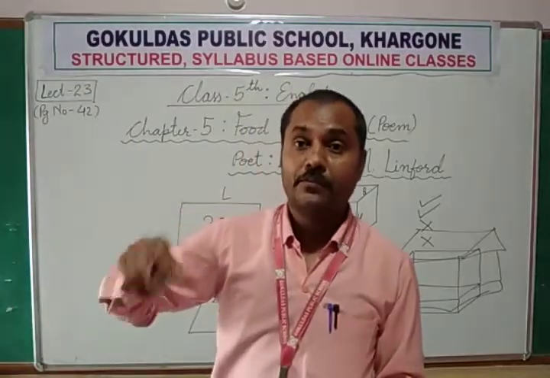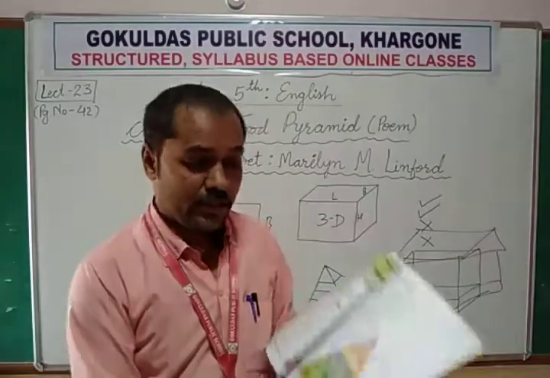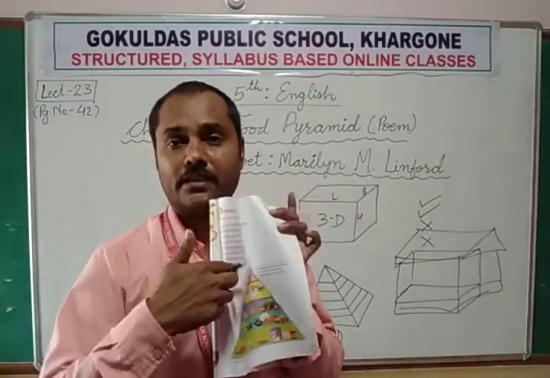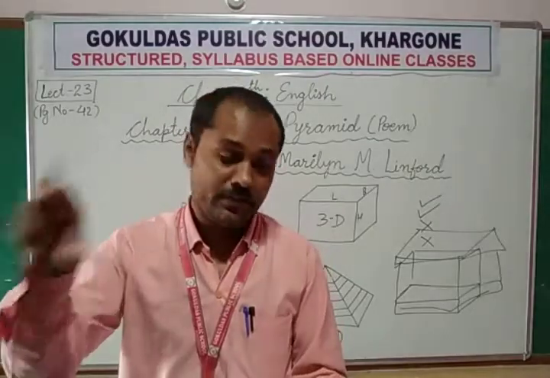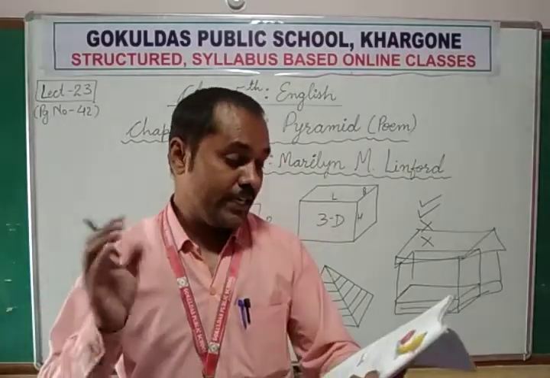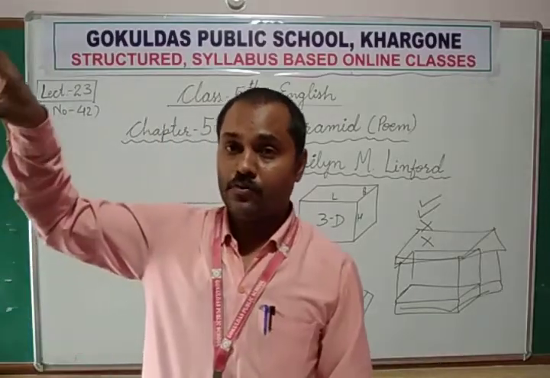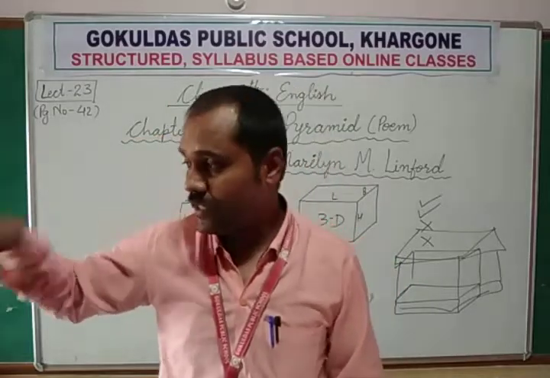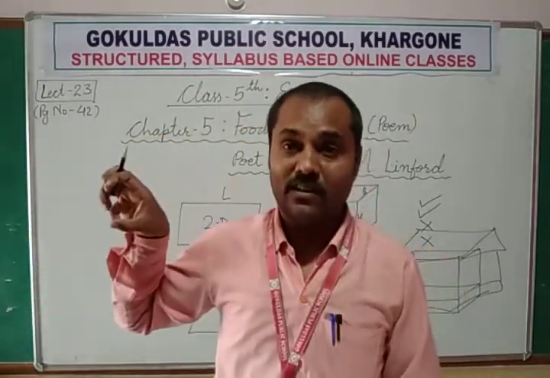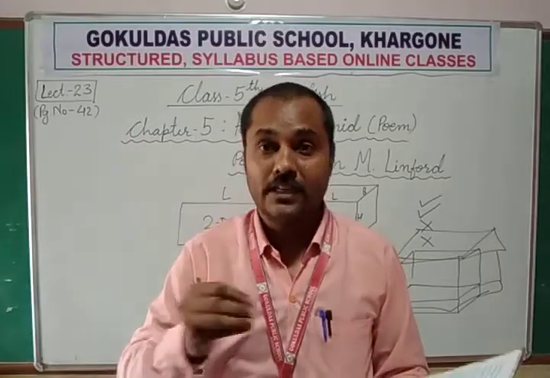Here in this poem, the meaning of category is group. So, if you see, there are 5 categories, means 5 groups of food. Means food is divided into 5 different categories. So eating food from each category means one thing you can choose from the first group, then the second thing you can pick from the second group, then the third thing you can take from the third group, and daily you should eat at least one thing from each group.